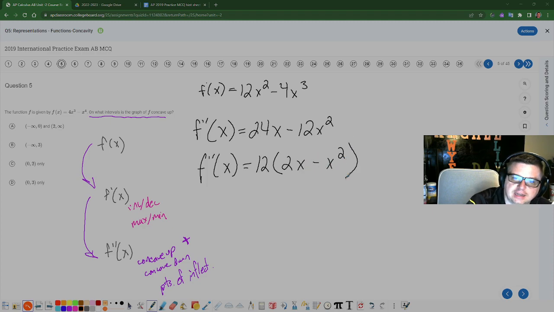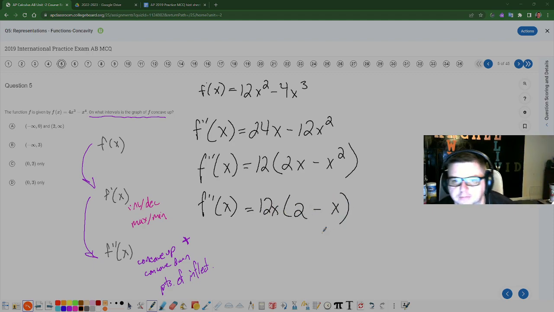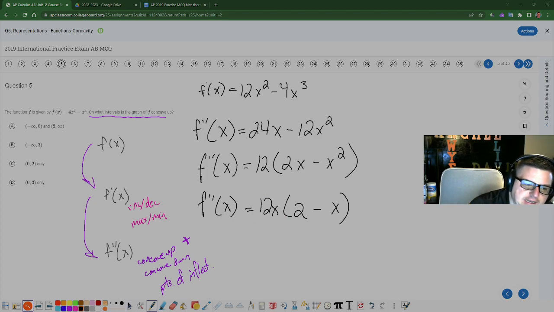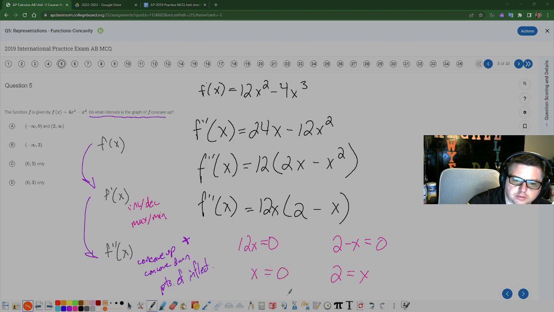And we're going to take an x out. And we're going to be left with 2 minus x. And we're going to take each one of those and set them equal to 0. And we're going to find 2 equals x and x equals 0 when we are all said and done.